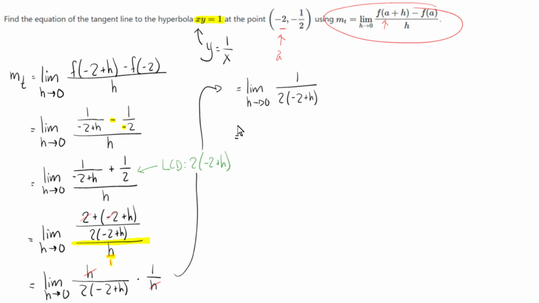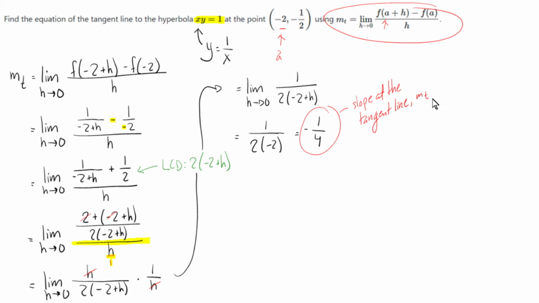If we do that, we get 1 over 2 times -2, and this is equal to negative 1 over 4. So this here is the slope of the tangent, which we refer to as m sub t.